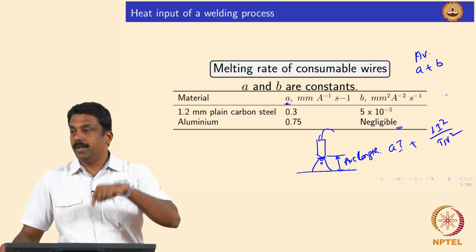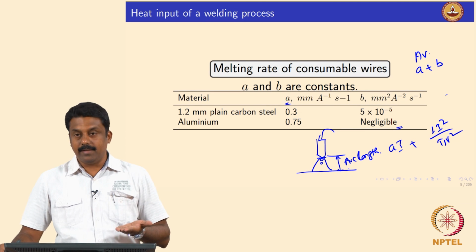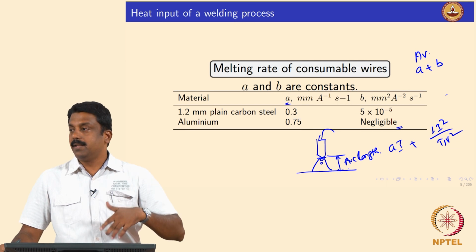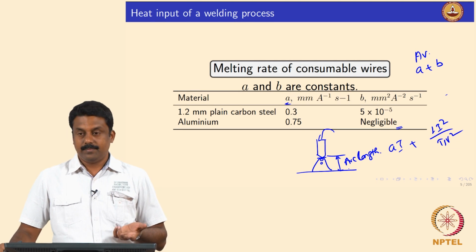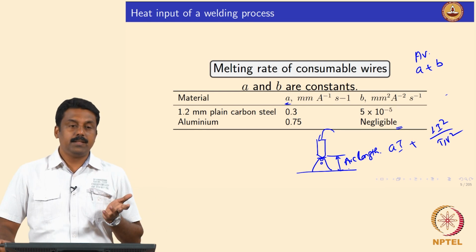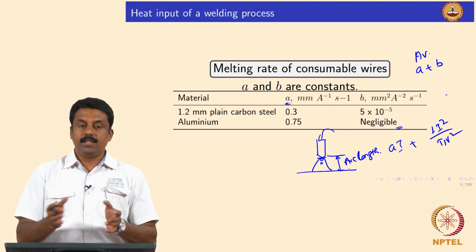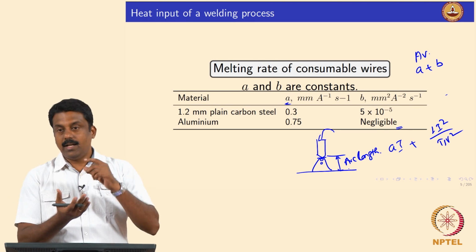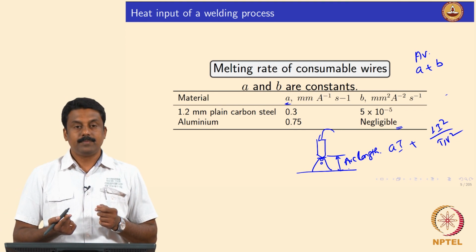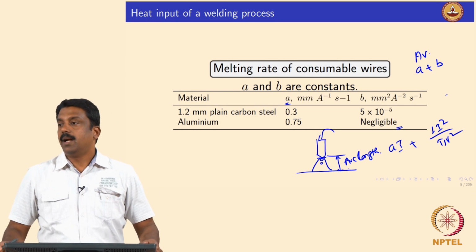If the wire feed rate should be kept constant, the power source should be capable of calculating the melting rate, so that it can feed the wire at the same rate that it melts. Suppose you change the stick out length, the system should identify any change in voltage, because a change in voltage means the arc length also changes. So, automatically the system should correct for it, so that we can do constant arc length welding.